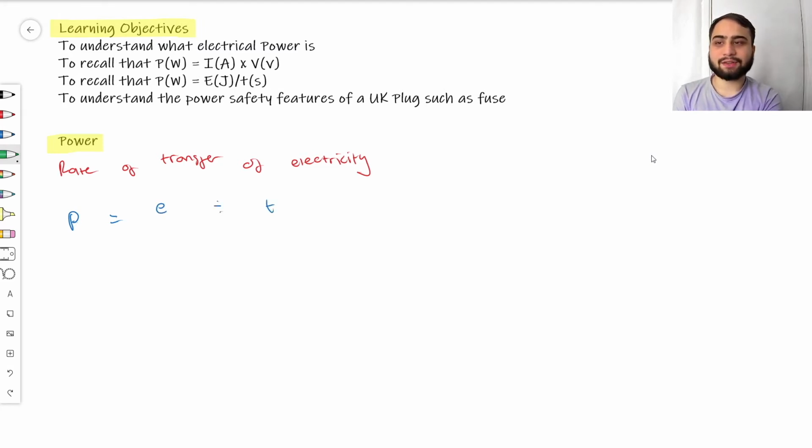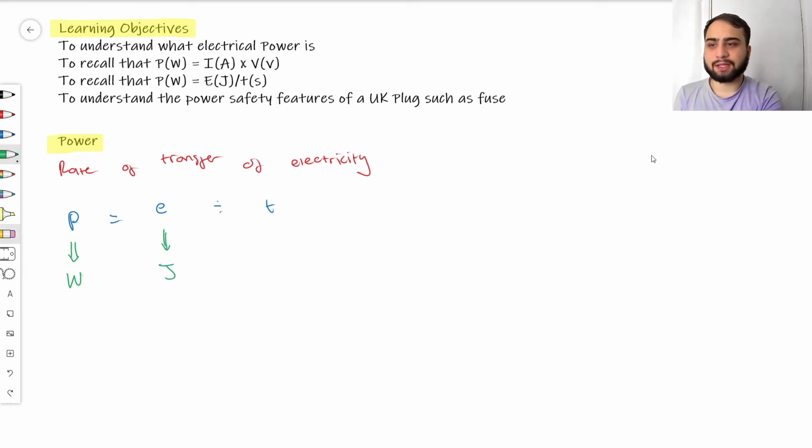So let's have a look at all the units. P is power, which is in watts. This is also known as joules per second, but really the only thing you need to worry about is watts. E is energy. Energy has a base unit, which is joules.